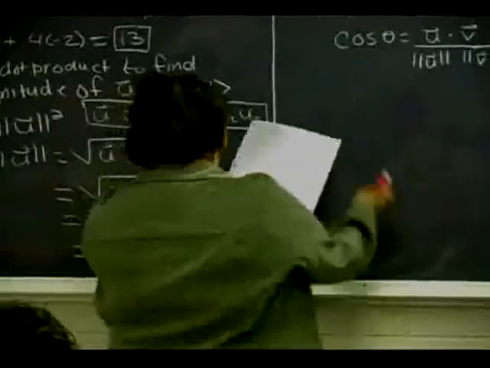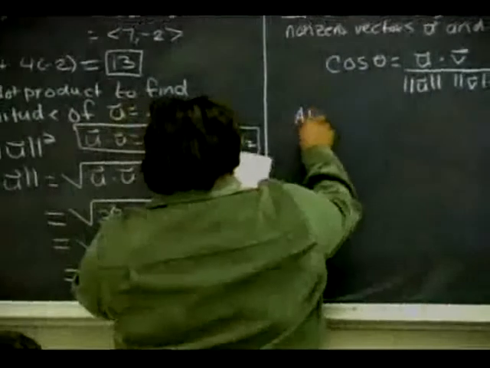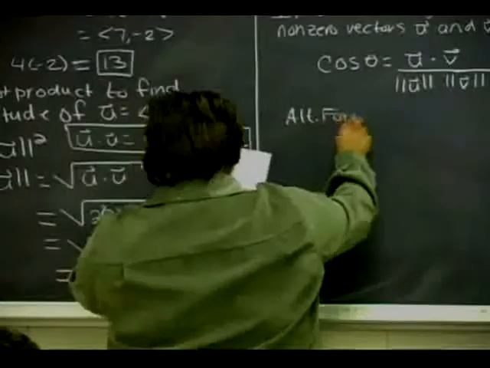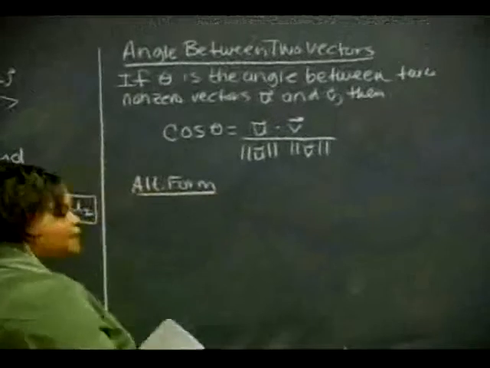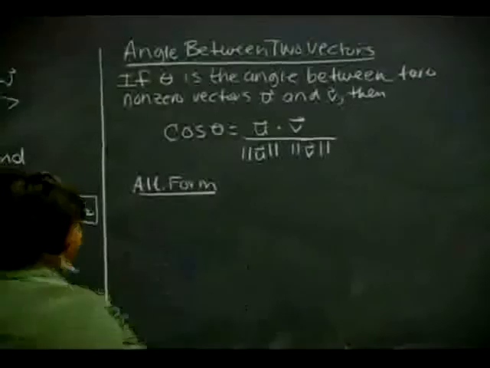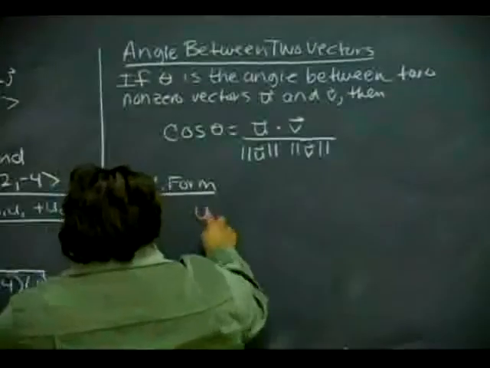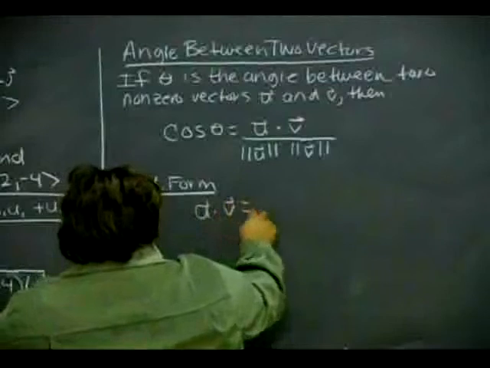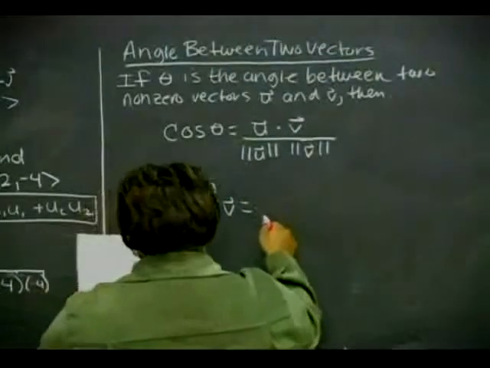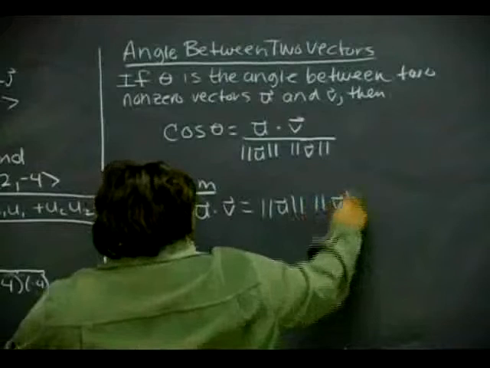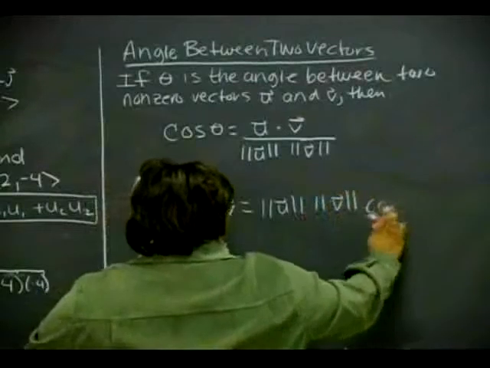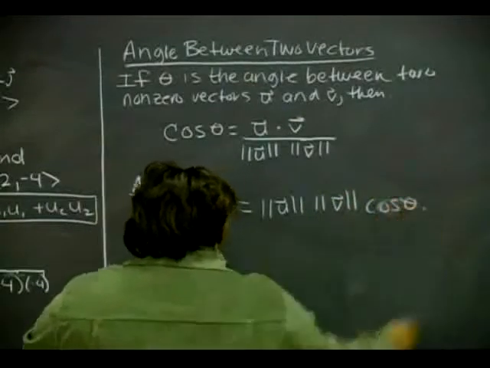An alternative form for this, we can find the dot product. An alternative form will be u dot v will be what? The norm of u times the norm of v cosine theta.